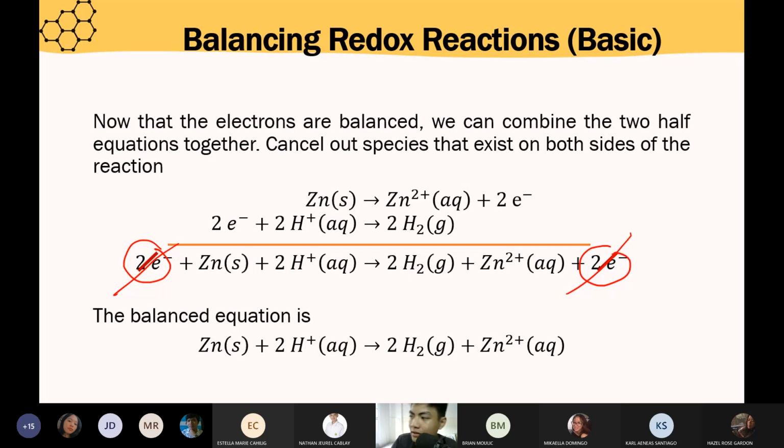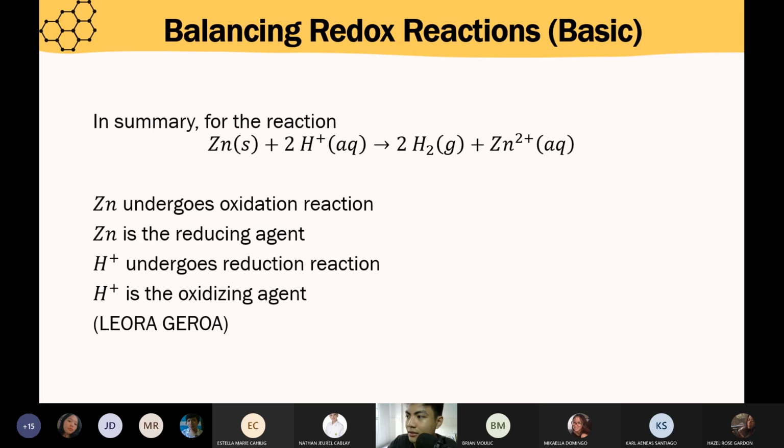And to summarize, ayan. Zinc undergoes oxidation reaction. Zinc is the reducing agent. H plus undergoes reduction reaction. H plus is the oxidizing agent. Okay? So, yan.